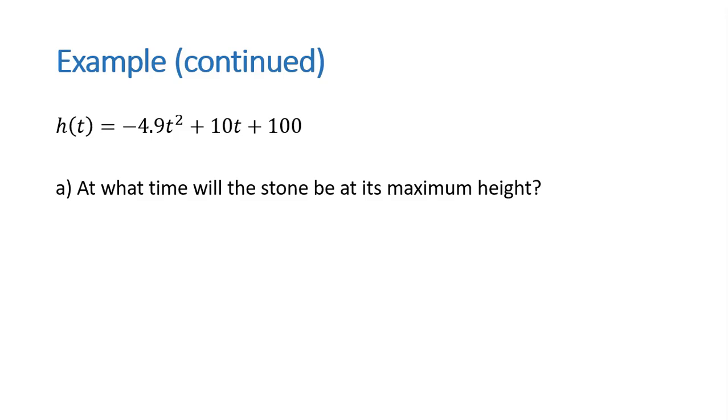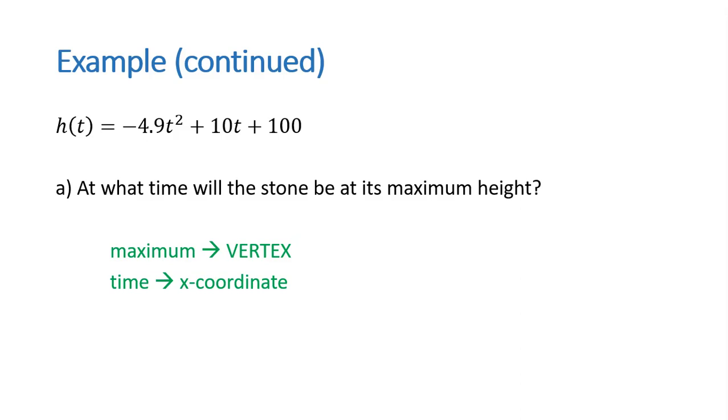And I want to know at what time is the vertex going to reach its maximum height. Well, remember, time is our x-coordinate, height is our y-coordinate. So if we put those two pieces together, that means we're looking at whatever the x-coordinate is for the vertex. So maximum means vertex, time means we're looking for the x-coordinate.